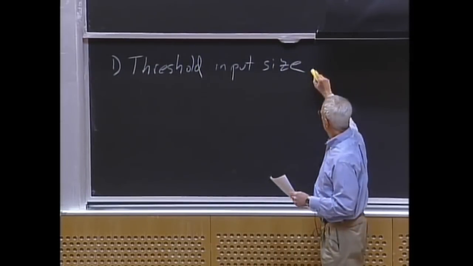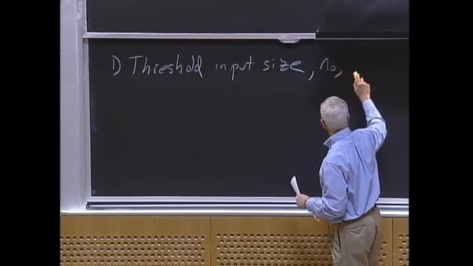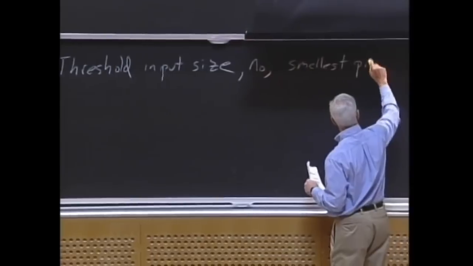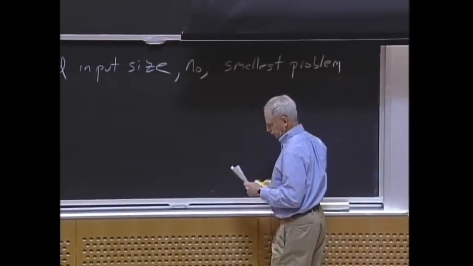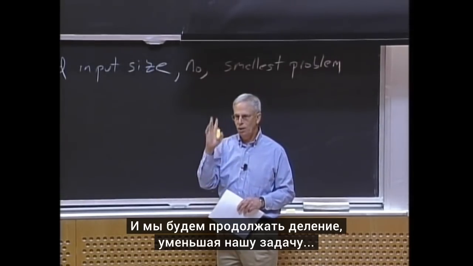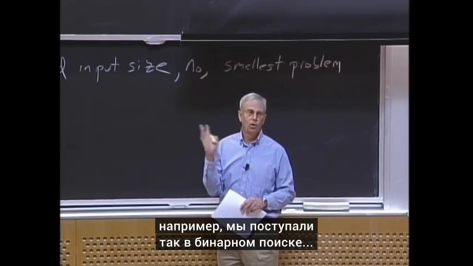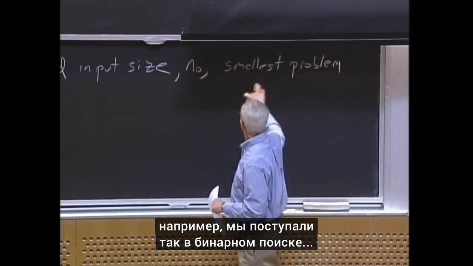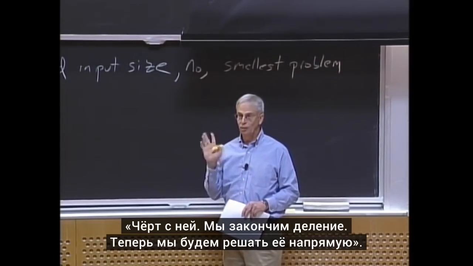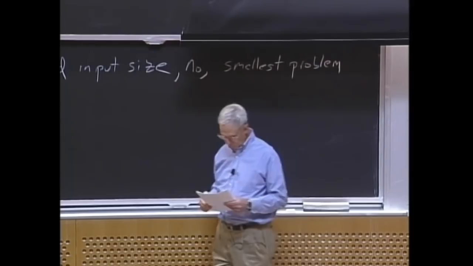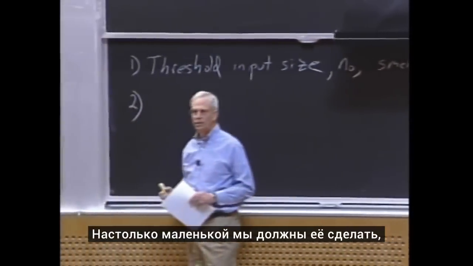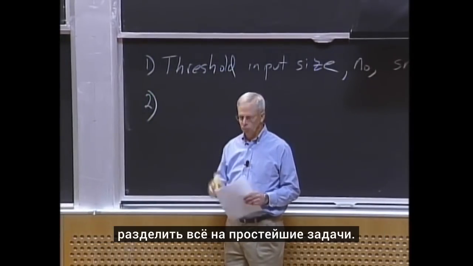Let's call it N0. And that will be essentially the smallest problem. So we can keep dividing, making our problems smaller. This is what we saw with binary search, for example, until it's small enough that we say, oh, the heck with it, we'll stop dividing it, now we'll just solve it directly. So that's the smallest thing we'll divide things into.